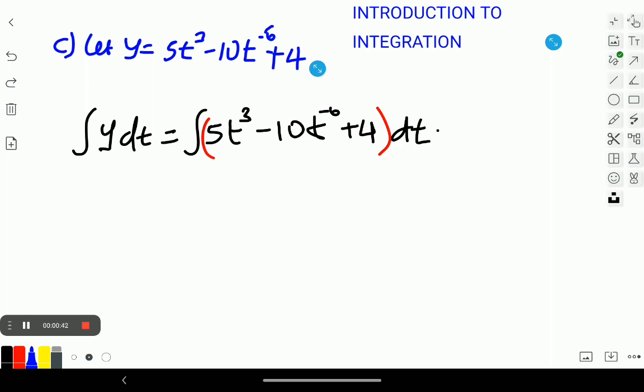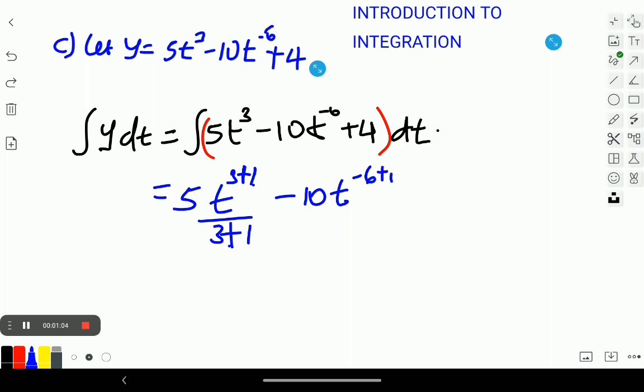We are going to have 5, and then we deal with the variable t. t power 3 plus 1 divided by 3 plus 1, minus 10 times t power minus 6 plus 1 divided by minus 6 plus 1, then plus 4, which is the same as 4 times t power 0, so we add 1, then divide by 0 plus 1.